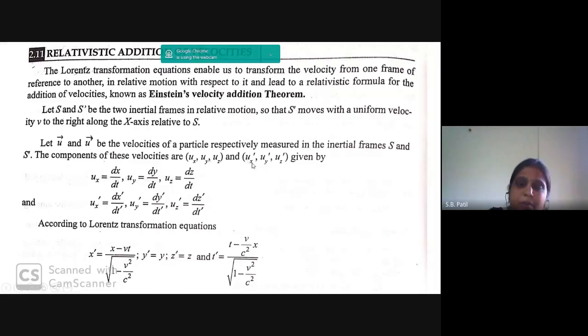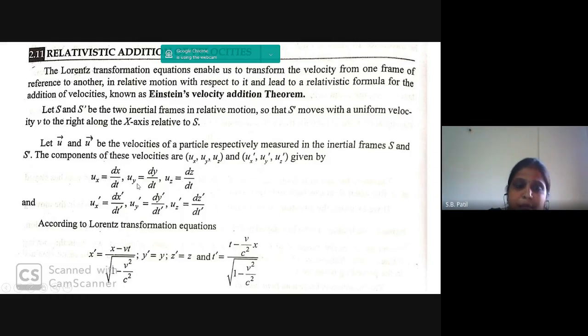That means the component of velocity along the x-axis, the y-axis, and the z-axis can be indicated by ux prime, uy prime, and uz prime. We know that velocity is the rate of change of position vector, or rate of change of displacement. So we can write ux, the velocity in the S frame along the x-axis, is equal to dx by dt.